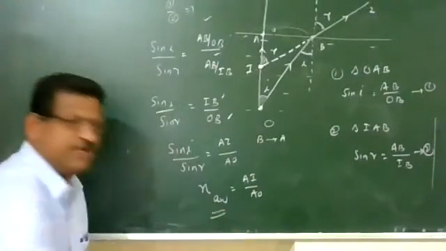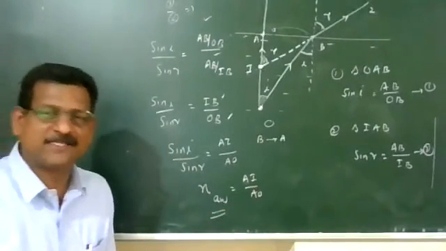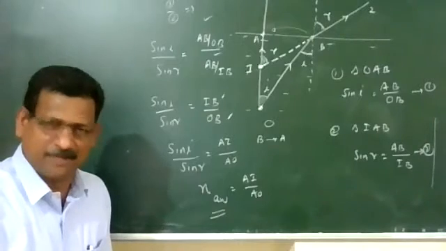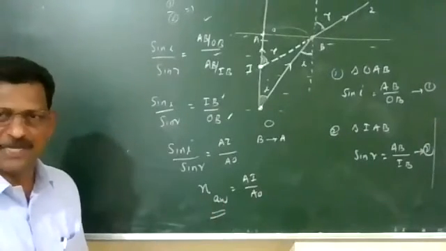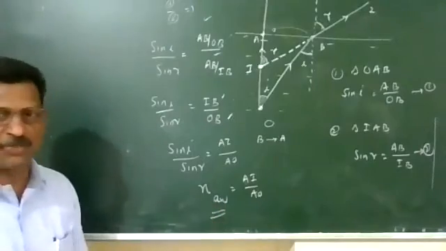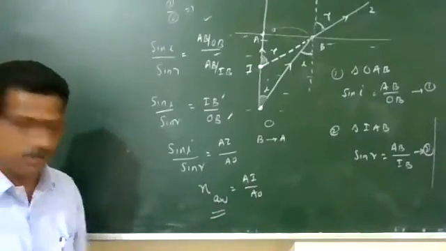Usually we write the refractive index of the denser medium with respect to the rarer medium, not rarer with respect to denser. So we have to reverse this. You know how to reverse: you will take the reciprocal.